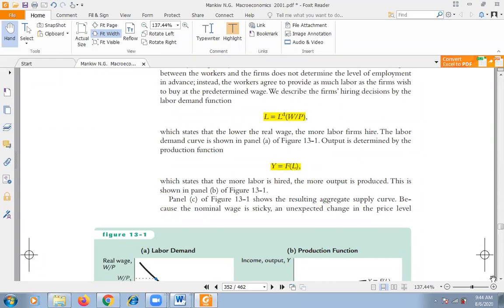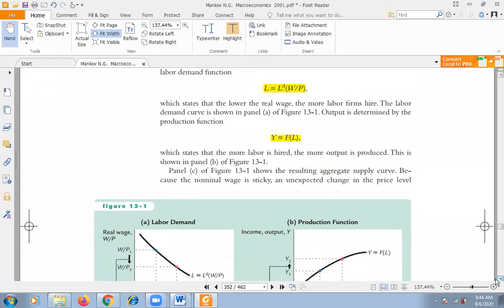Please concentrate over here. As the actual price level increases, the price is in the denominator, so W over P, that is the real wage, decreases. As real wage decreases, firms will demand more labor.